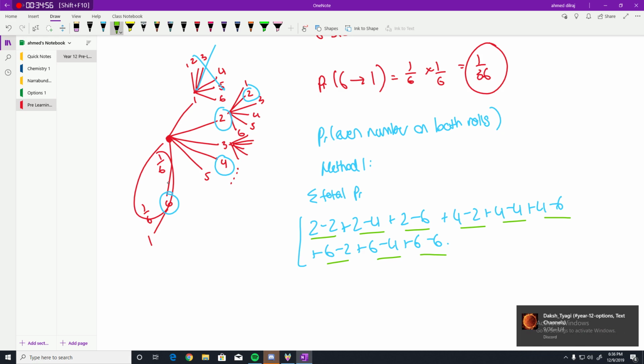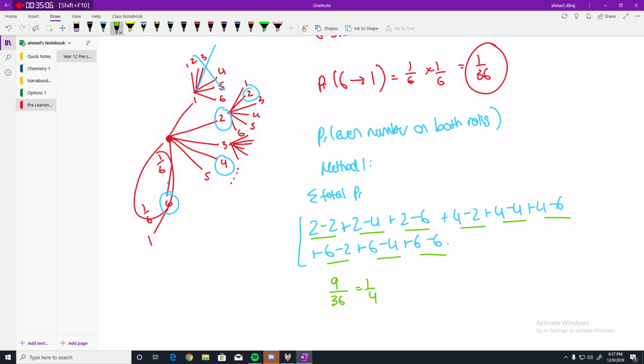Oh, is 9 on 36 1 on 4? Oh, yeah, it is, huh? So it's 9 on 36 and it's 1 on 4. I wrote 9 on 36 on my paper and I was like, what the hell is this? All right, cool.